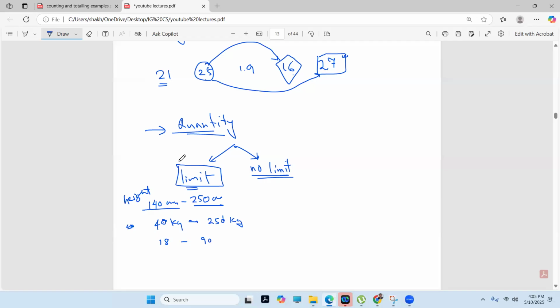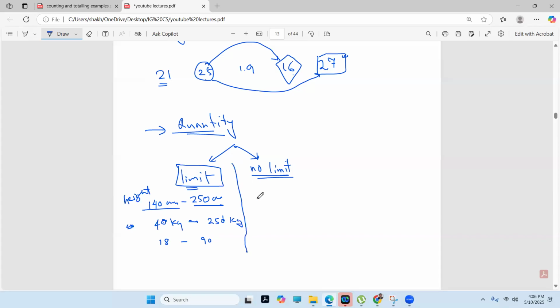We can understand that the age of an adult is minimum 18, maximum can reach 90, exceptionally maybe 100, 120, very exceptional. So whatever quantity you see in your life, they have a limit.